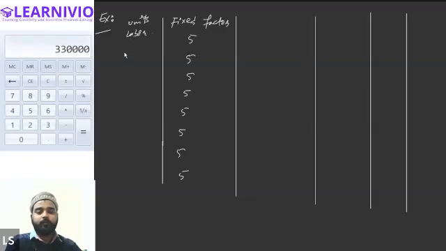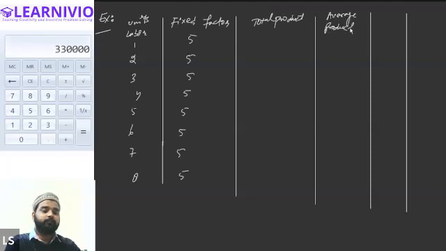Okay, so let's say the variable factor was 1, 2, 3, 4, 5, 6, 7, and 8. So now the total product in this column, then we have average product, and finally we will have the marginal product.